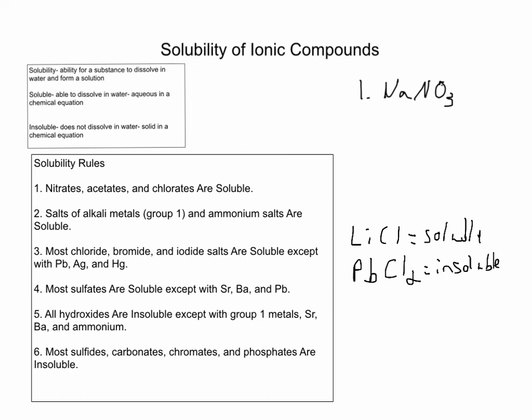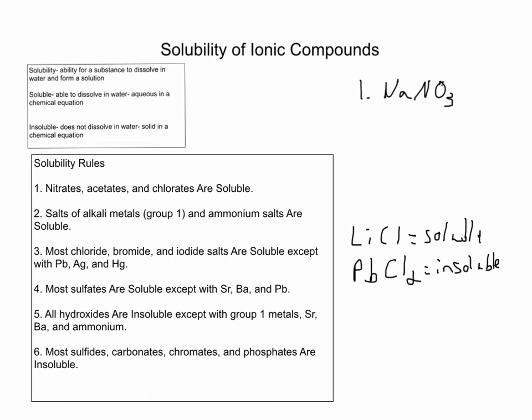So lithium chloride will dissolve in water, lead 2 chloride will not. Number 4, most sulfates are soluble. So if you see SO4, the sulfate ion, it would be soluble except if there's strontium, barium, or lead as the metal. Number 5, all hydroxides are insoluble.